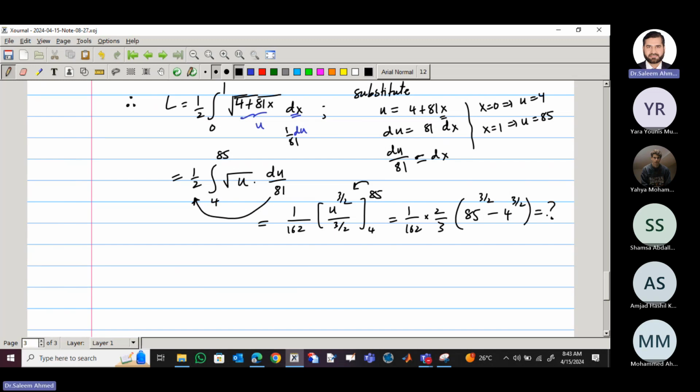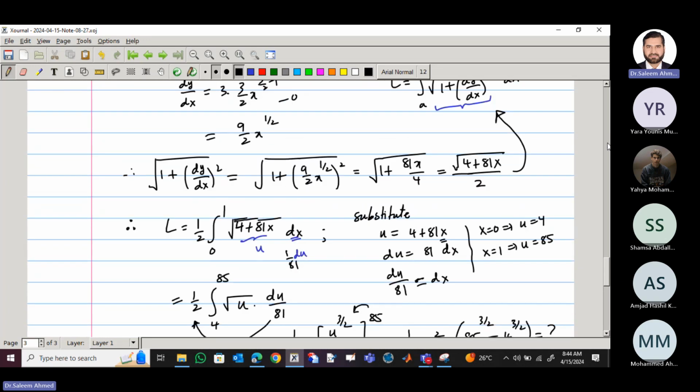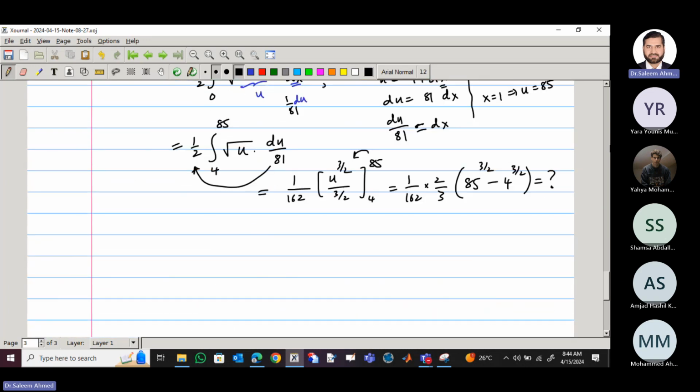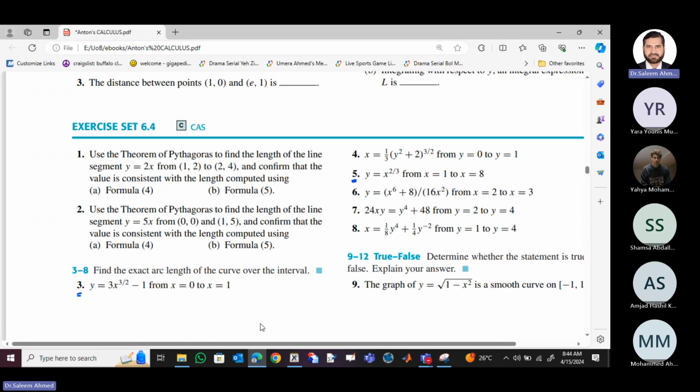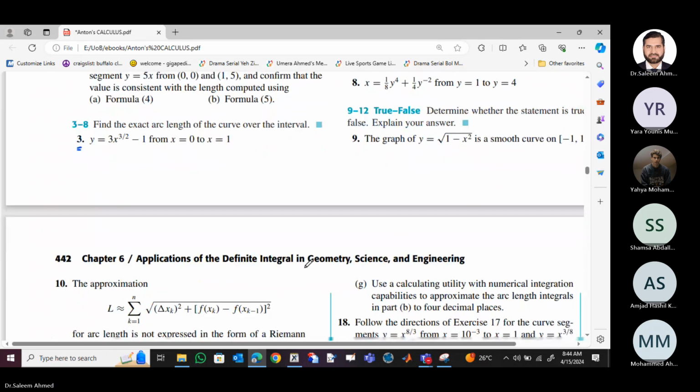Whatever the answer is, you can write. If you remember the formula, then it's not a difficult thing. It's just practice with integration, writing the appropriate formula and doing the practice with integration.